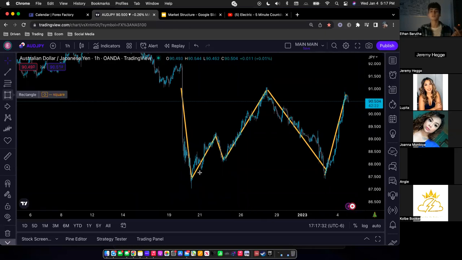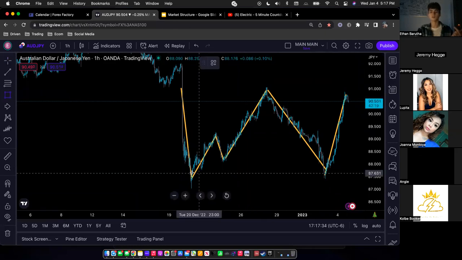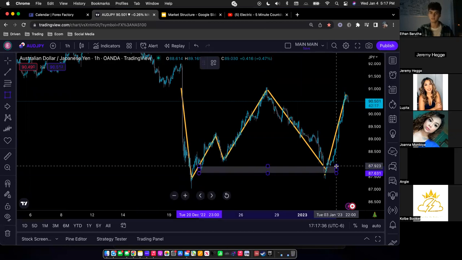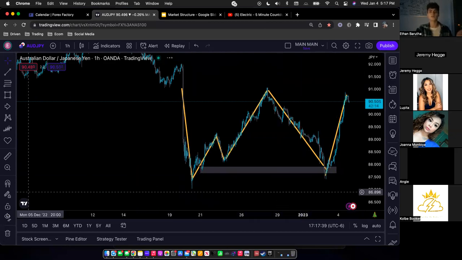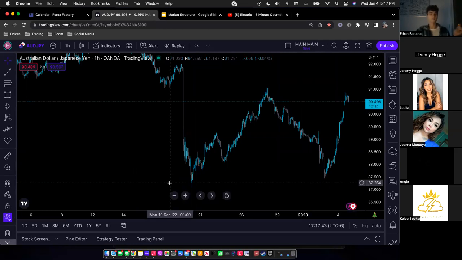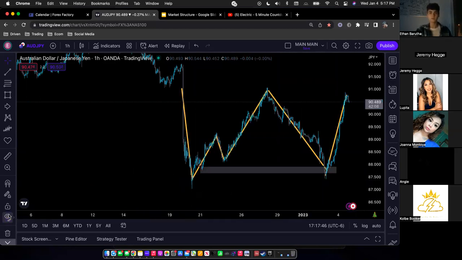You can see here a nice support zone within here. It's easy to identify things, but we take this away and it kind of gets a little scary.